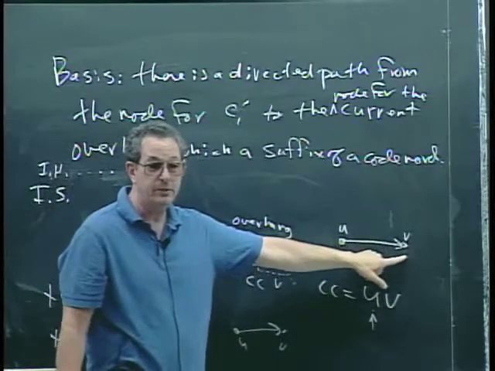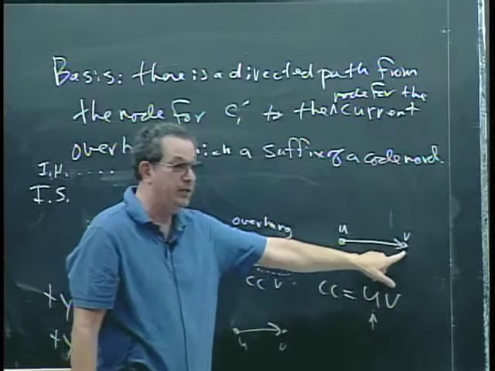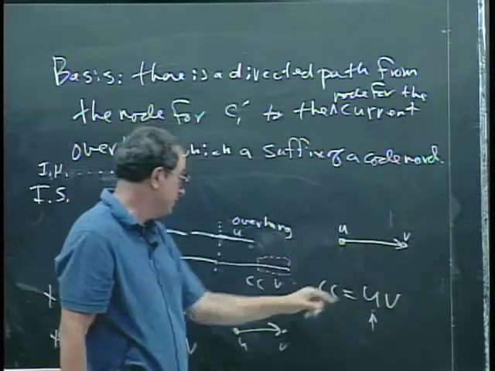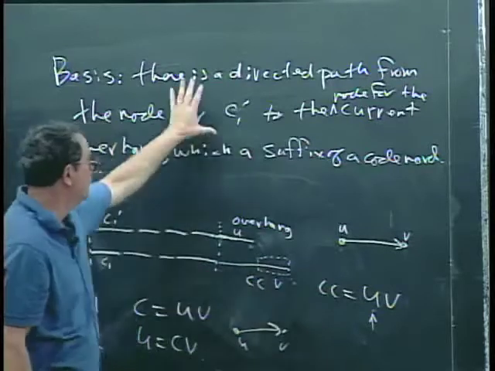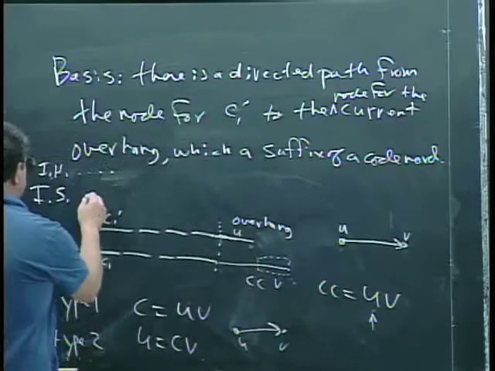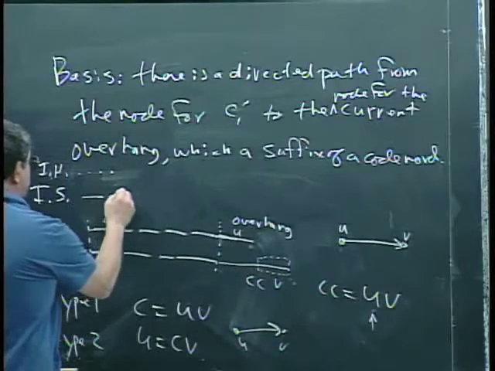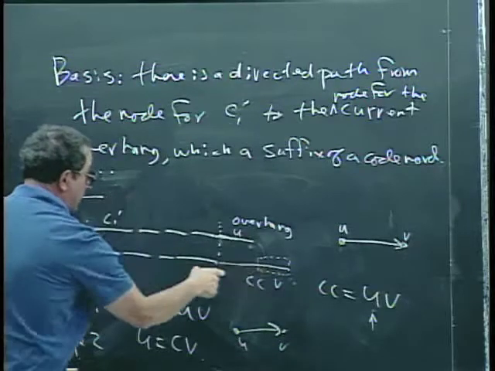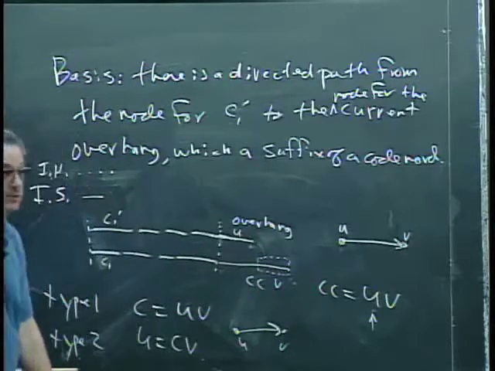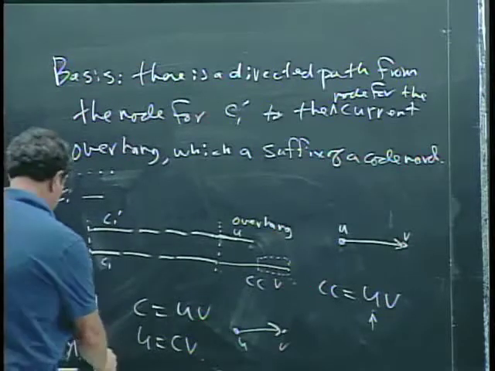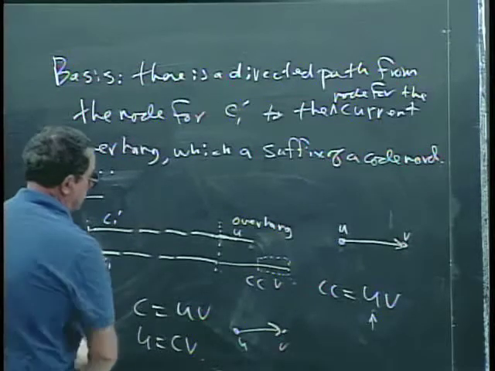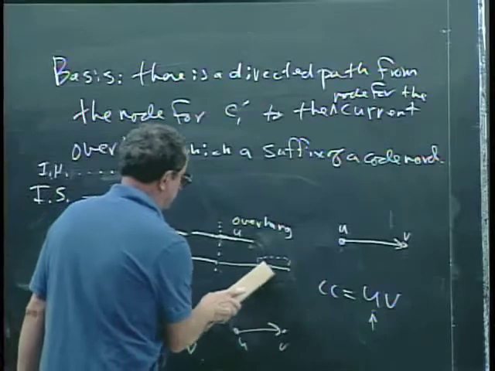So now there's a path from C1 prime to V. And what is V? V is the current overhang, and V is the suffix of a code word. So that proves the inductive step when the new code word extends the shorter parse to become the longer parse. Okay? Let's look at the other case. Actually, there are three cases.